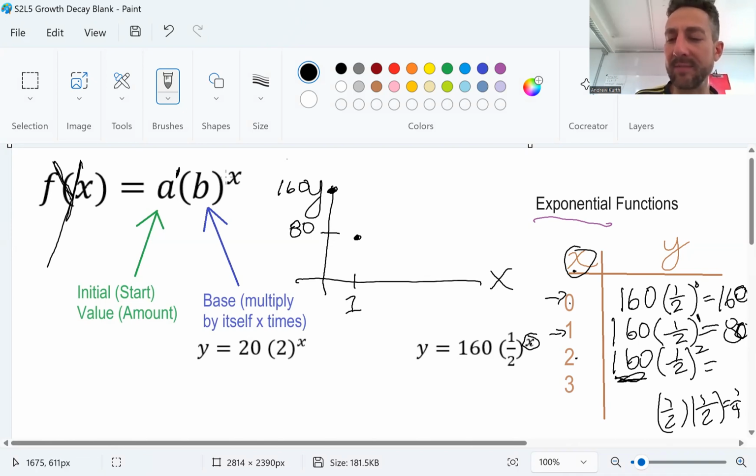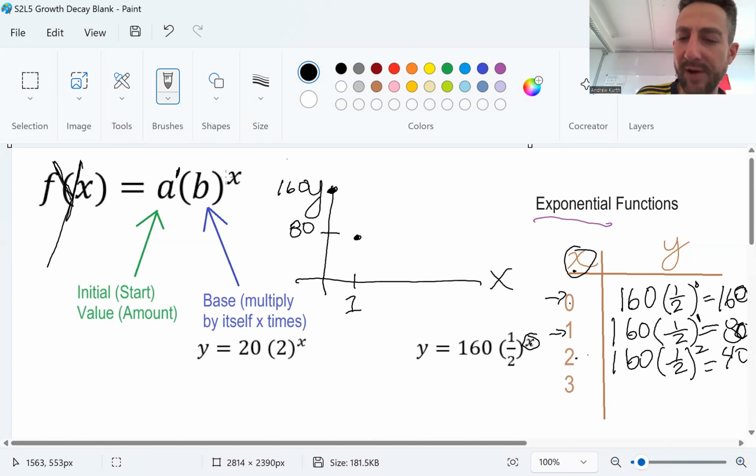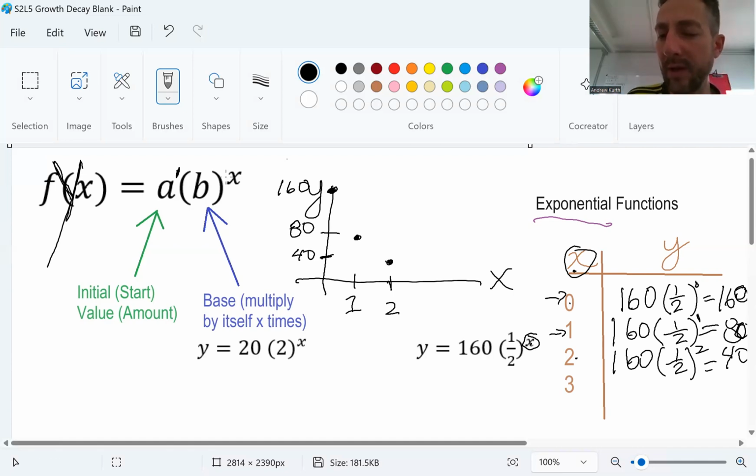So 160 times 1/4 is 40. So now for x equal 2, y is now 40, halfway down from 80. So that's here.